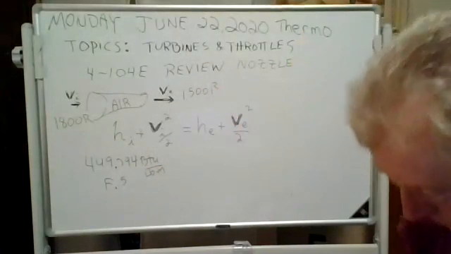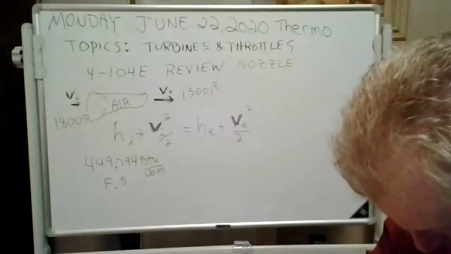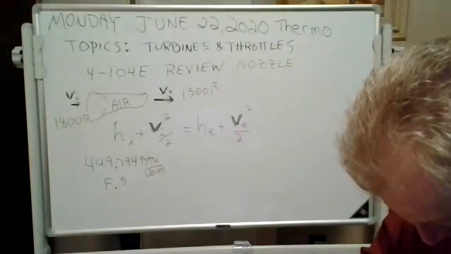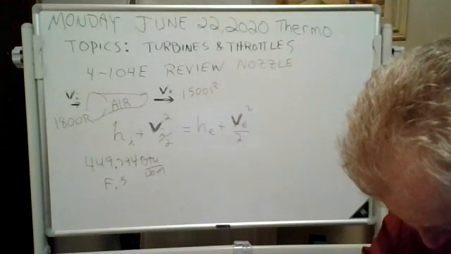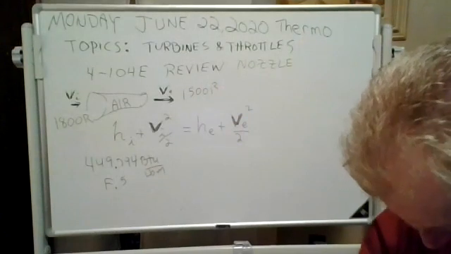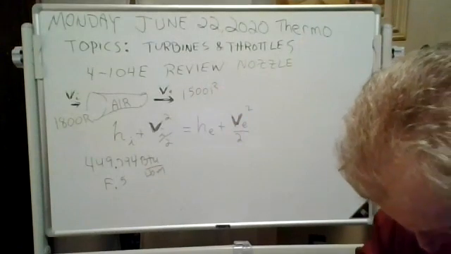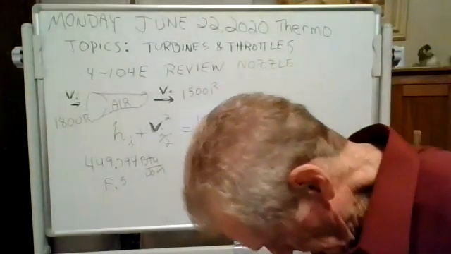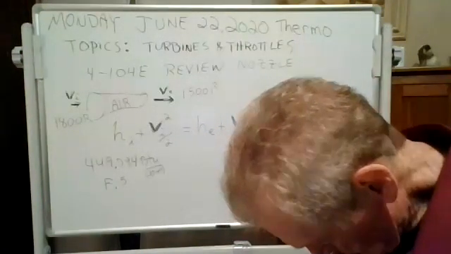Okay, now I'm going to do the 1500 Rankine. Oh, I'm going to have to split those because they don't have it exactly, do they? They have 1480 and 1520.